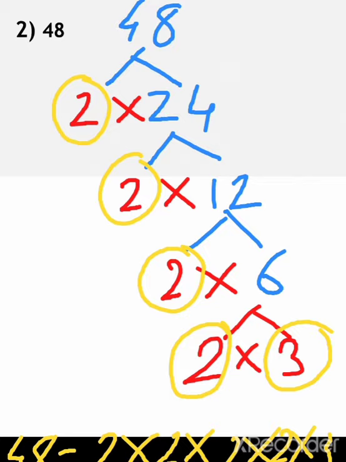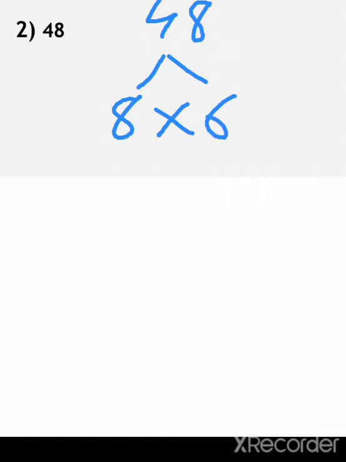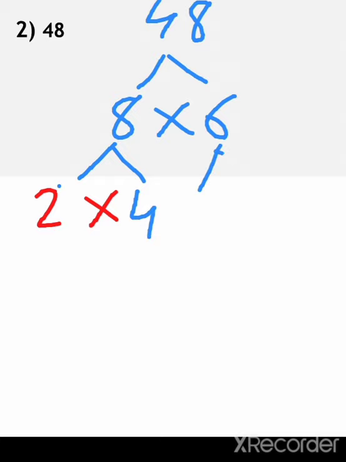What is the other way to find the factorization of 48? See here, 48 I can write, sorry, I have written 42. 48 I can write 8 sixes are 48, right? Again I can write 2 fours are 8, and for 6 what can I write?